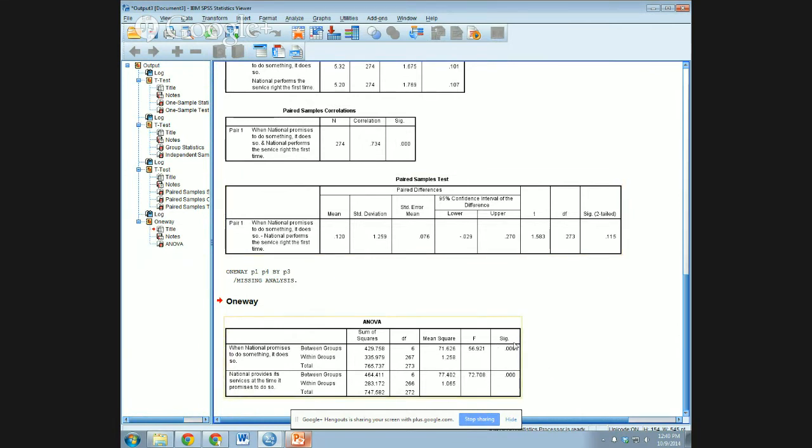Yes. So again, I needed to know what my grouping variable was: do it right the first time. So there's a significant difference between National doing something and whether it does it right the first time, and also the same as whether it promises to do so, it does it right the first time.